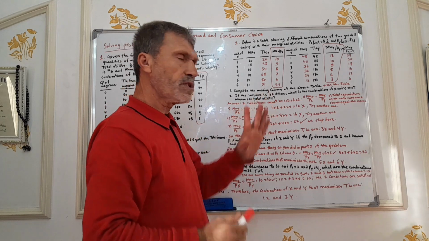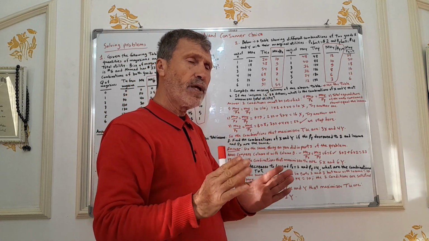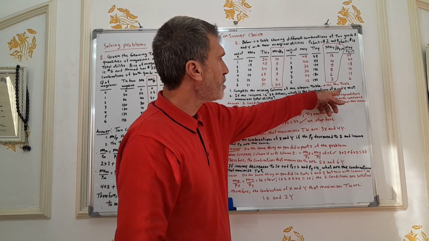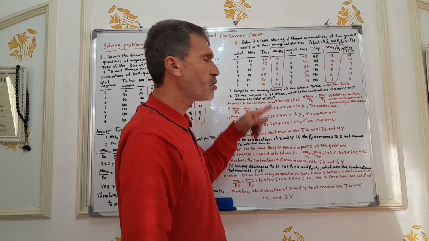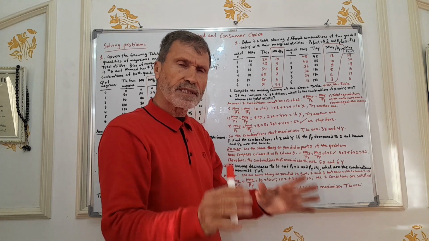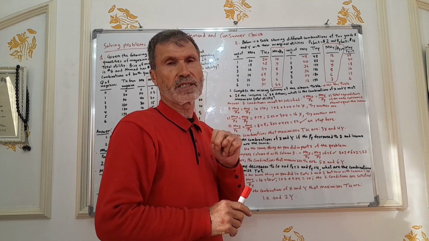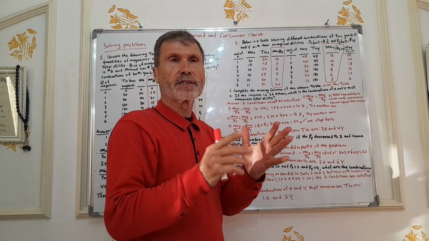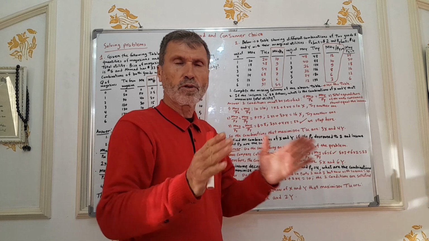Now we move to part 2 of the problem. If the income is 22, what is the combination of X and Y that maximizes total utility? We do the same thing. Two conditions must be satisfied. The first one, the marginal utility per dollar is the same for both goods.